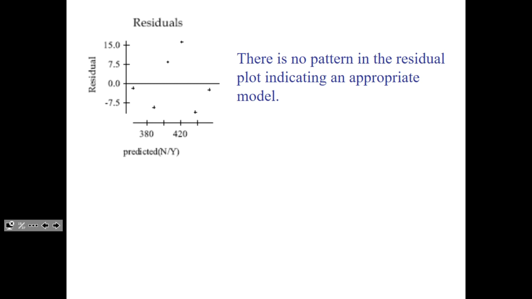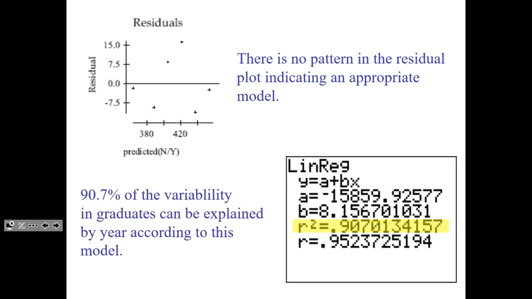It's nice and random, no clear pattern. And I account for 90.7% of variability according to this model. My R squared is 0.907. 90.7% of variability in graduates can be explained by the year using this model. And according to this model, I'm going to get 494 graduates in 2005.